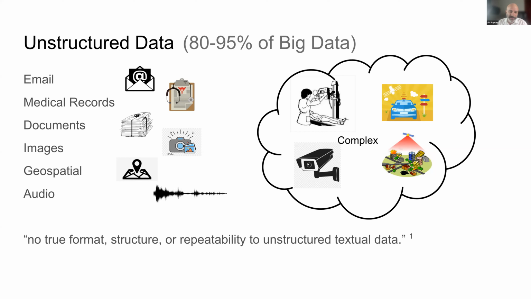And here's a snapshot of different types of unstructured data. Email, which is largely text; medical records, text and imaging, which brings up the point of how you secure this unstructured data; documents like PDF and Word; images; geospatial; audio; video; Internet of Things, so sensor data.